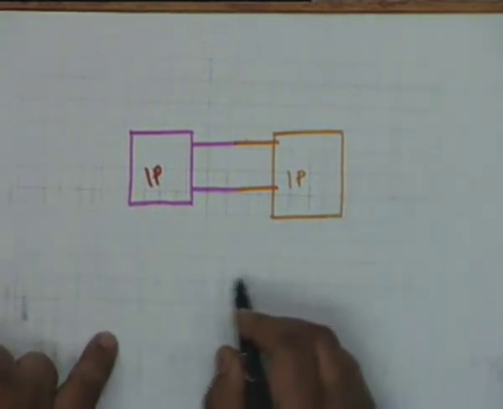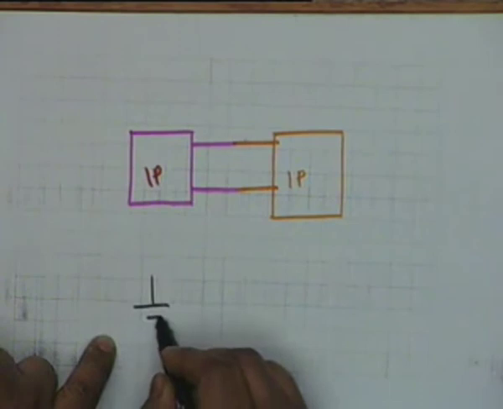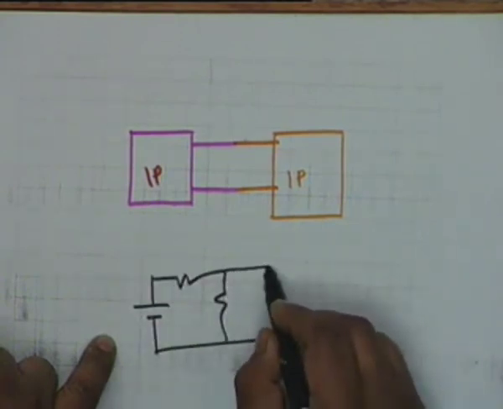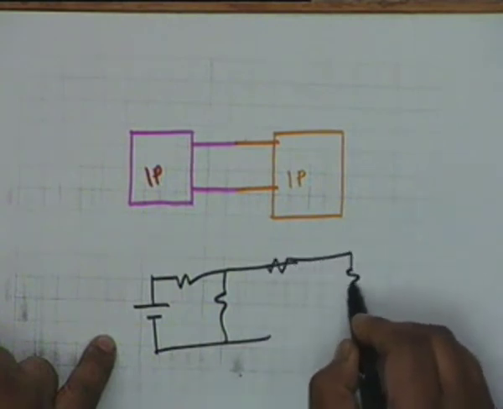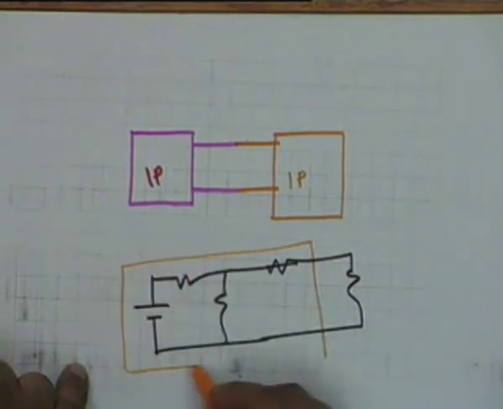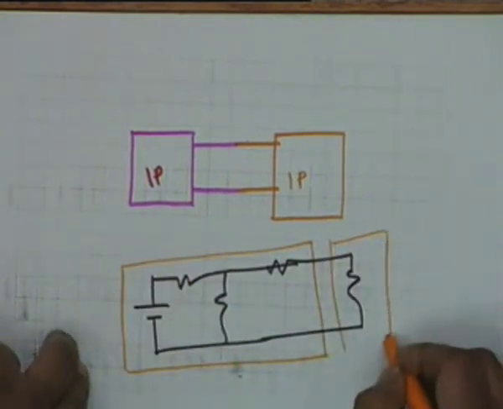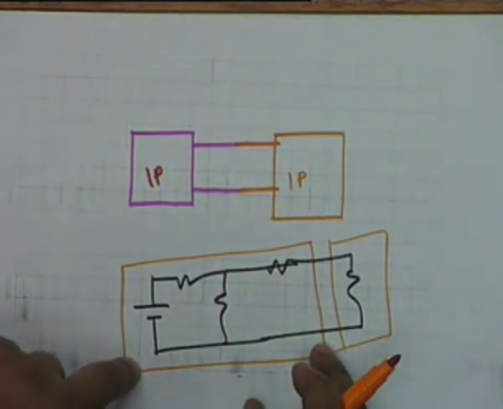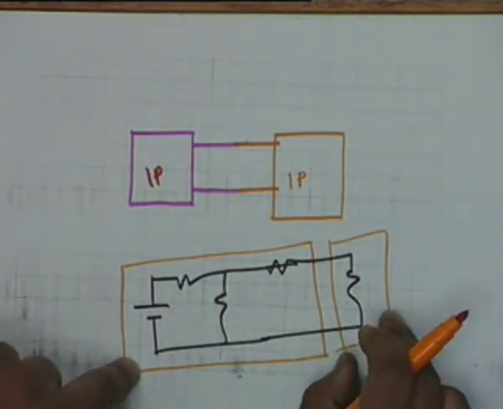But suppose I have, let us say, the same network that I had drawn. Okay, if this is my first one port and this is my second one port, obviously the left one is the driver, the right one is the load.